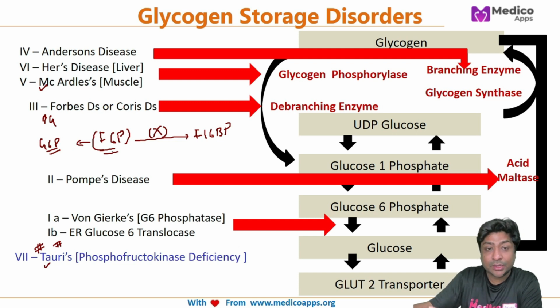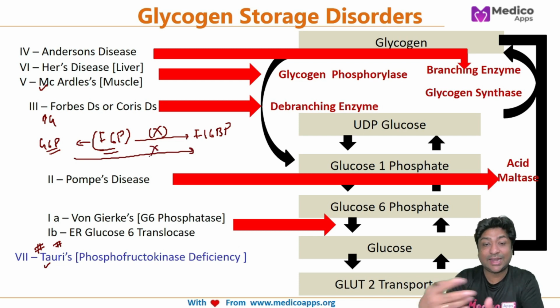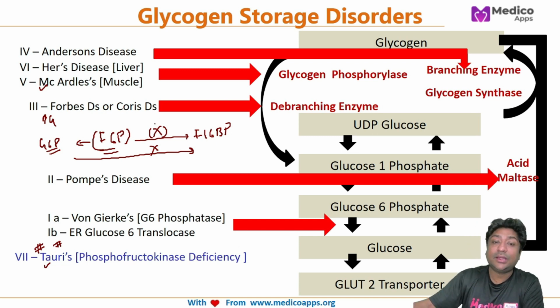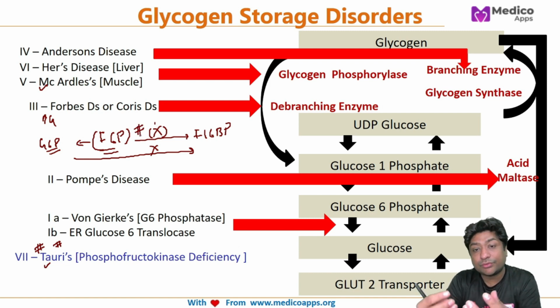And second, here the glycolysis itself is challenged. Even if the person starts having cramps after a meal when trying to exercise, and continues to exercise, he still will not be able to, because the breakdown of glucose is challenged. The source of energy for muscle contraction itself is challenged.